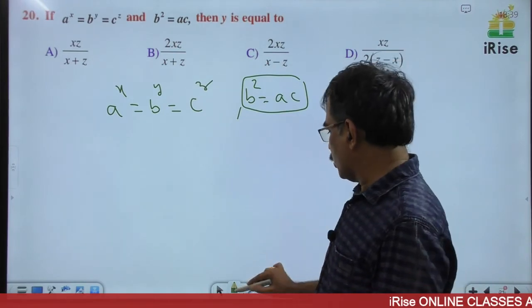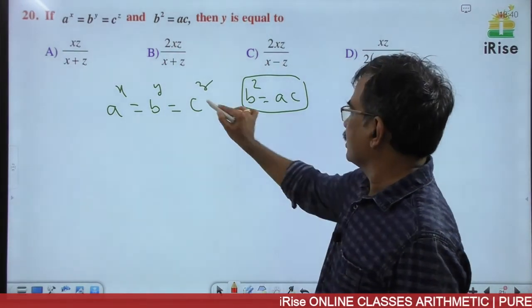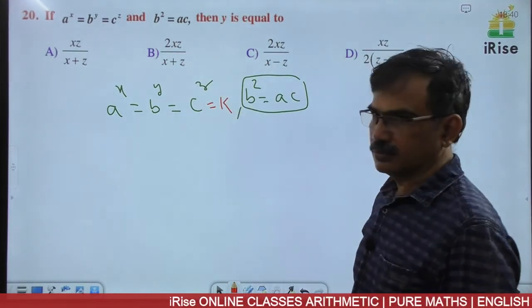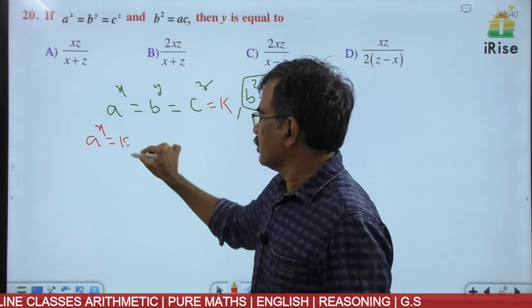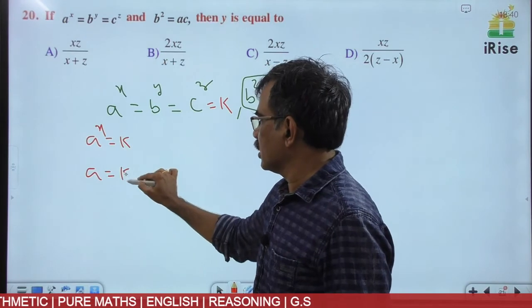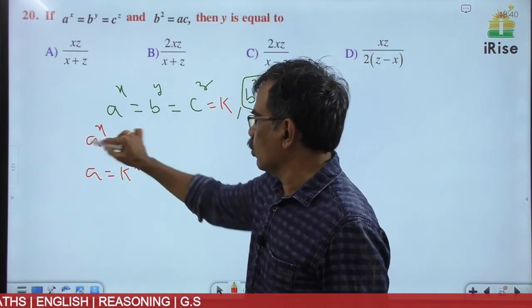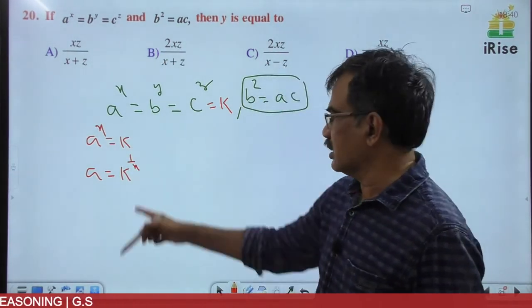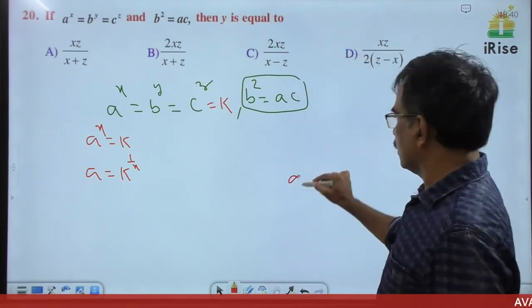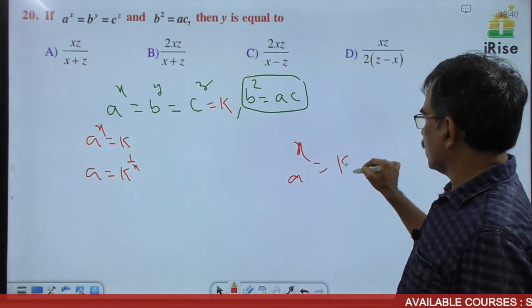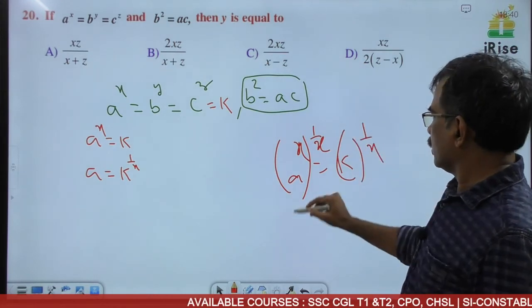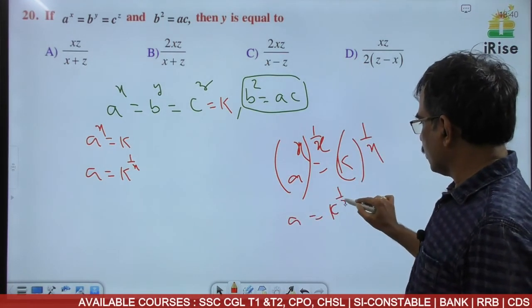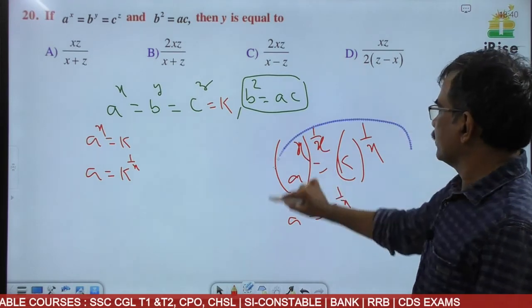Here I want to consider each term as some k. If a power x is equal to k, then a is equal to k power 1 by x. Just taking whole power 1 by x on both sides, we get a is equal to k power 1 by x.